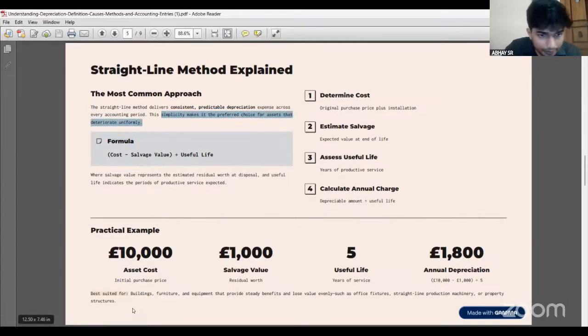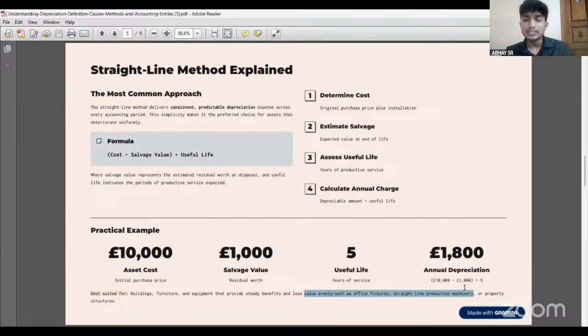If you see, I have given examples here. Certain buildings, furniture, and equipment that provide steady benefits and lose value evenly, such as office fixtures, straight line production machinery, or property structure. If I have a chair in my office, the purpose of the chair literally remains the same.